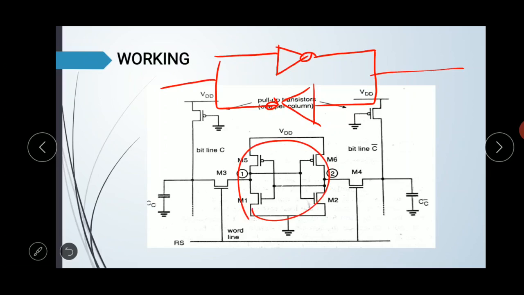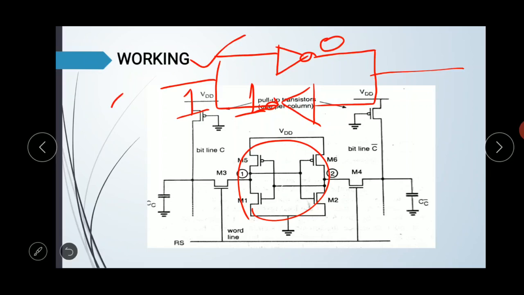Here 2 inverters are connected back to back. So if here we give 1, then here we get 0, then again at the output of the second inverter we get 1, means this is in a loop and the input given is stored here.